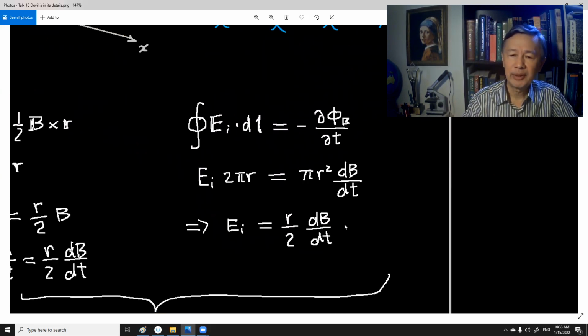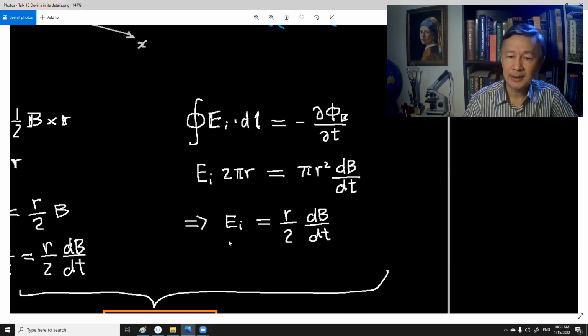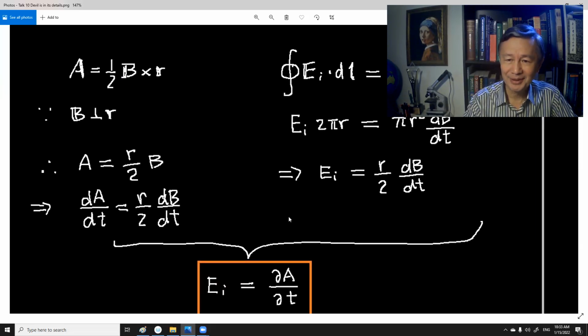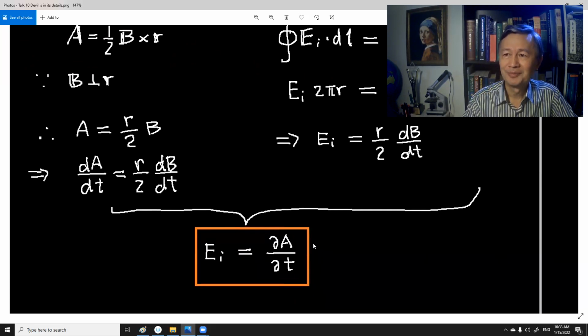So what do we have? The induced electric field is simply equal to R over 2 multiplied by dB/dt. Identical, see? So in conclusion, we can replace dA/dt with the more familiar form, the induced electric field in the definition.